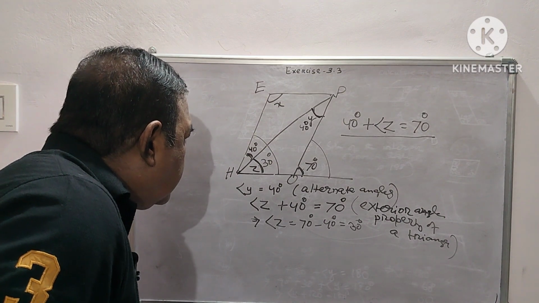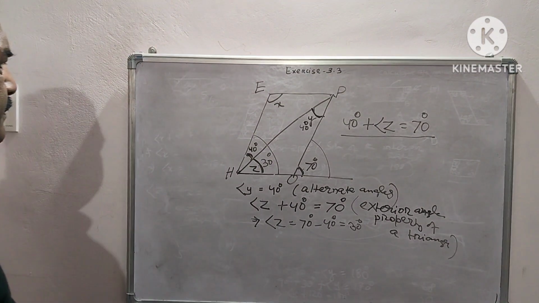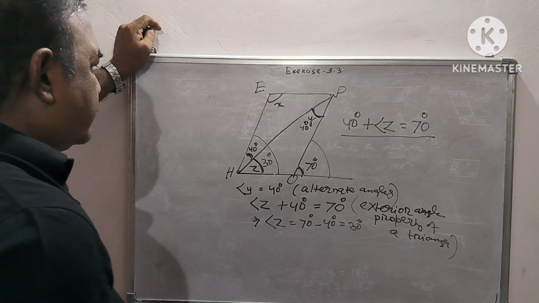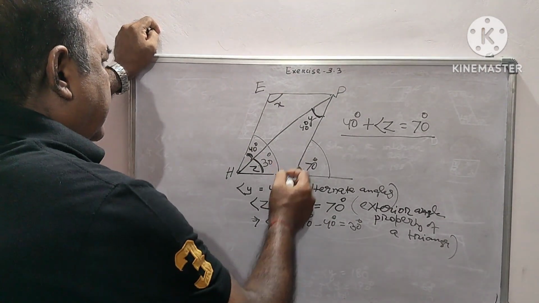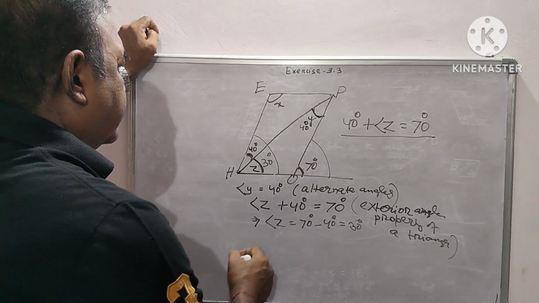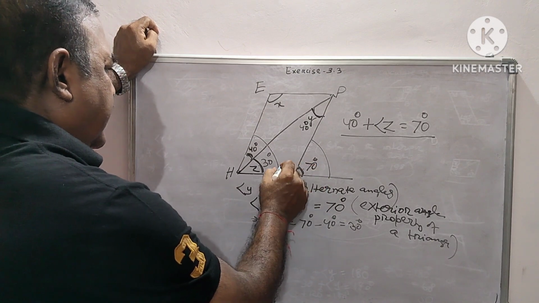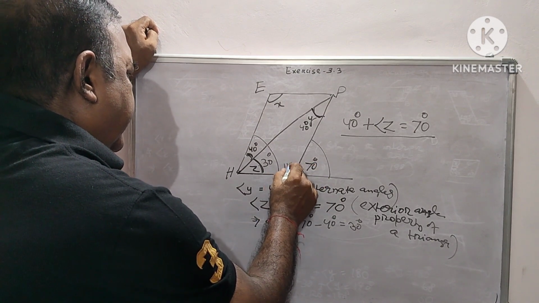So you see here, if this is 70 degree, what is this angle? This is 110 degree.